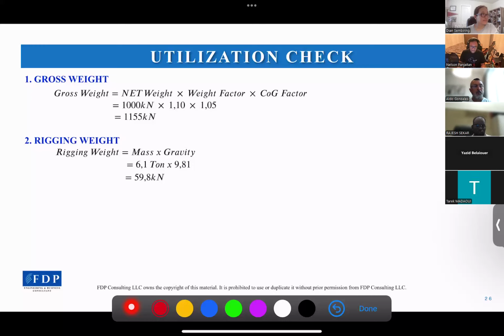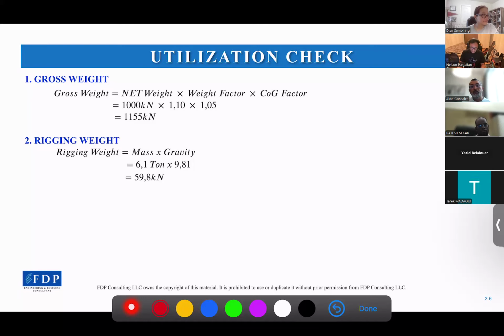First, we will calculate the gross weight of the technical building. Gross weight is net weight times weight factor, which is 1.1, times COG factor, which is 1.05. Then 1000 times 1.1 times 1.05, we get 1155 kilonewton.